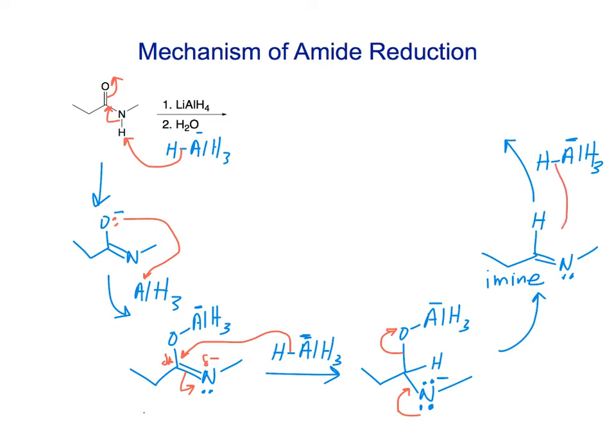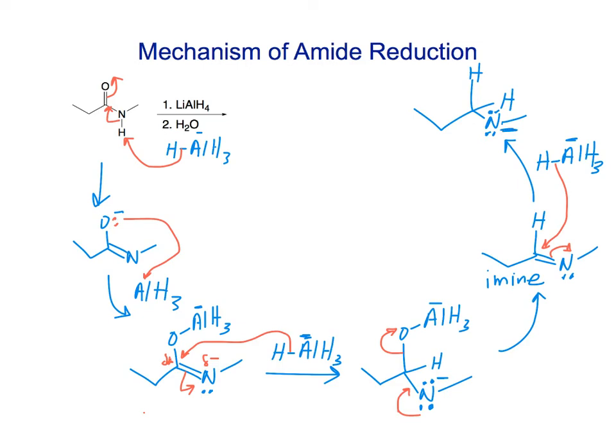Okay, so this is again going to come into this delta plus carbon. These electrons go up onto the nitrogen. We have an H. It's a methyl. We're back to the point where we have a minus charge on the nitrogen.